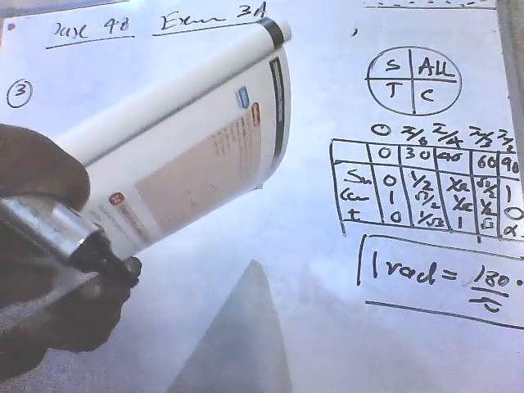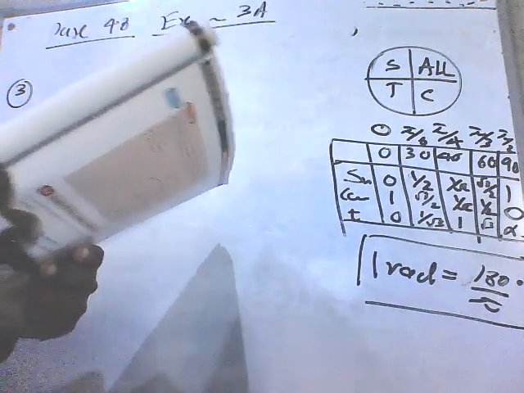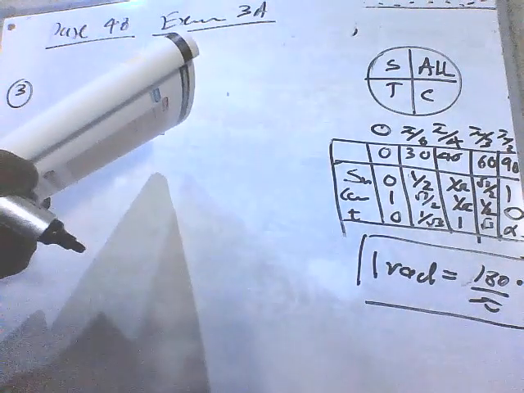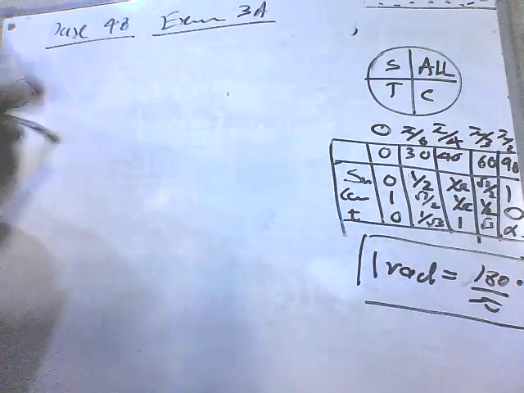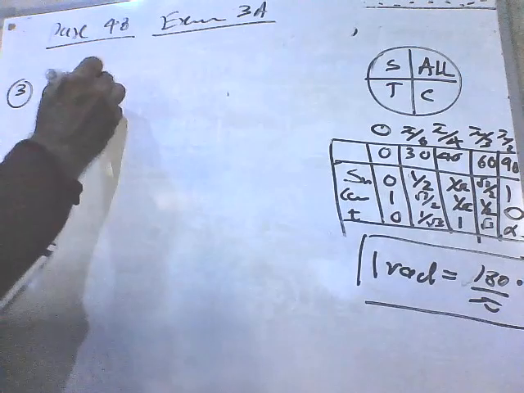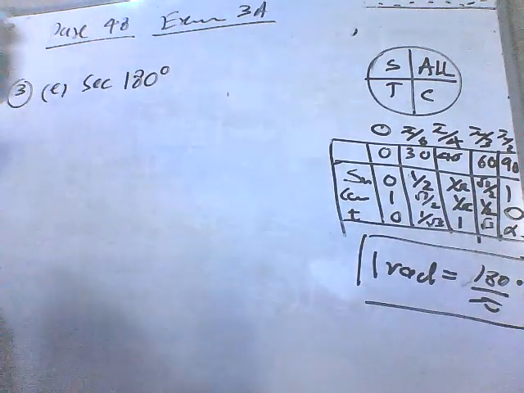Question 3, the first one, that's the easy one. We'll say sec 180. Now it is going to be interesting. Sec 180, part E, sec 180. That we can do like this.